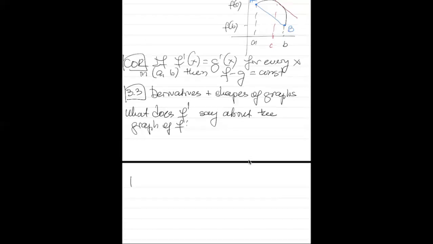So we had here this so-called increasing, decreasing test. This is very important. Will be important later on in Calc 2. Increasing, decreasing test. It's very simple. It says that if f prime is positive on an interval I, then f is increasing on that interval I. Makes sense?